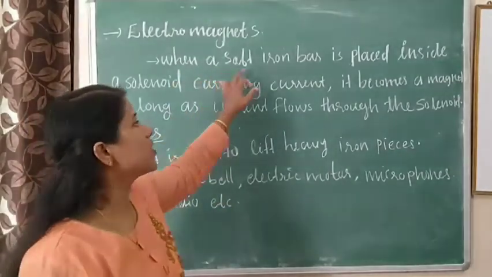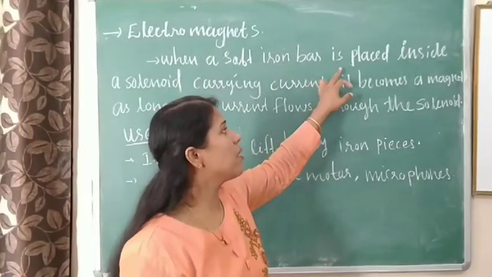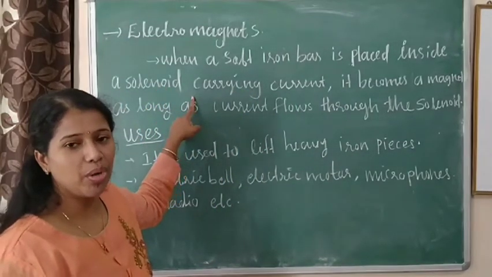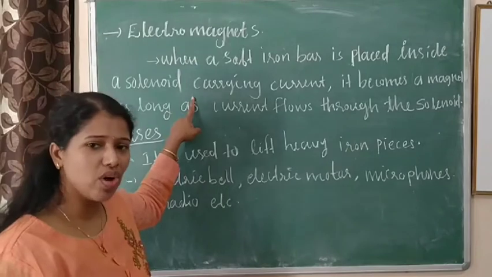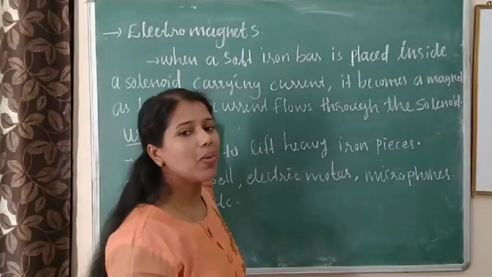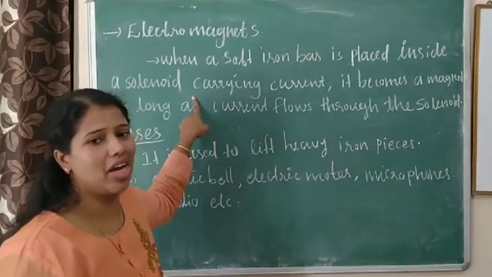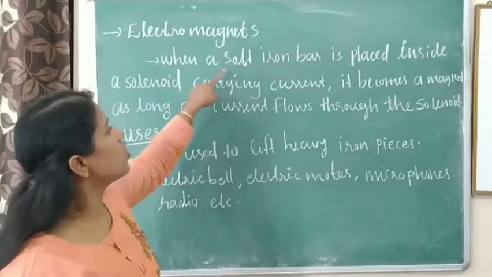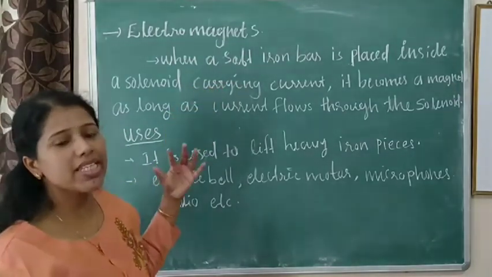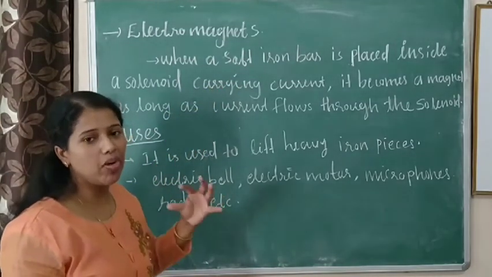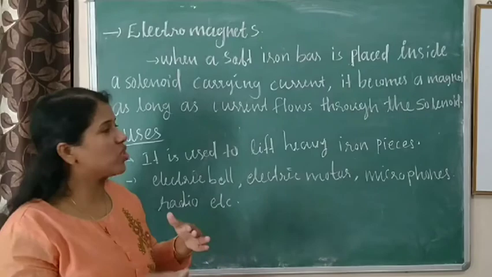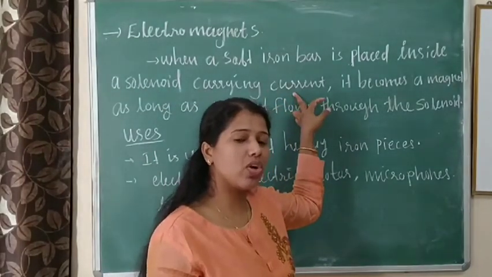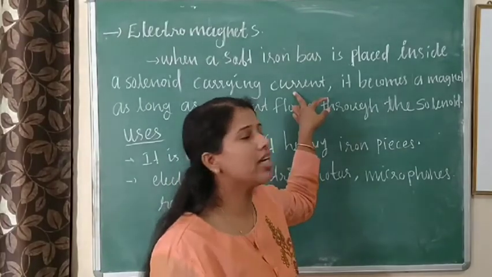Electromagnets. When a soft iron bar is placed inside a solenoid. Solenoid means, as we already told, a coil of insulated copper wire wound closely in a cylindrical form. We have shown that diagram also. Then when a soft iron bar is placed inside a solenoid carrying current, connected with the battery, the key is closed, current is passing through this circuit.